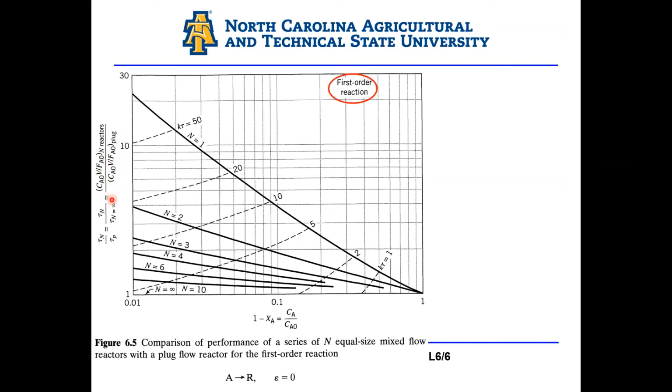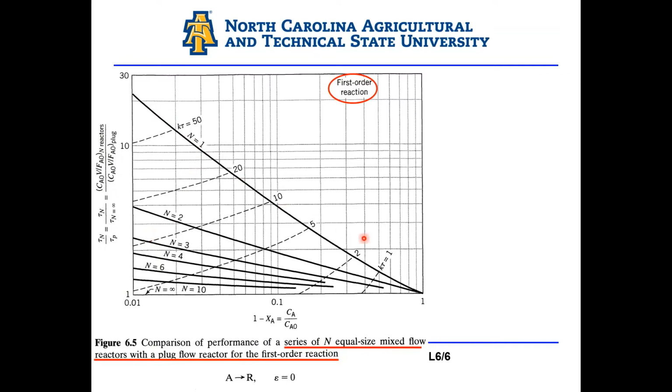Again, this is for a first order reaction, and I'm comparing the performance of a series of n mixed flow reactors with a single plug flow reactor, right? In the previous chart, I was comparing one CSTR to one PFR.